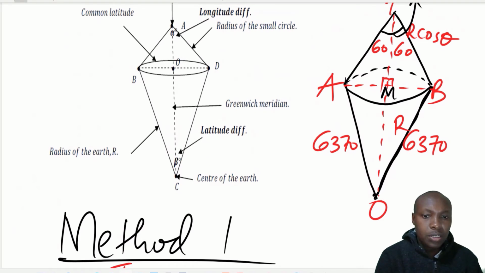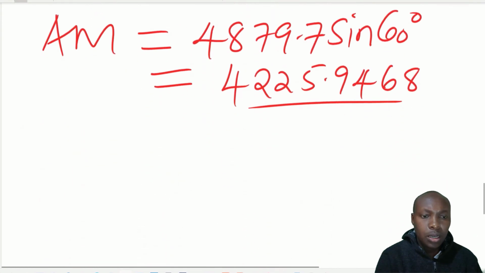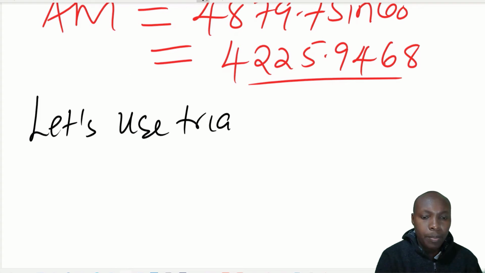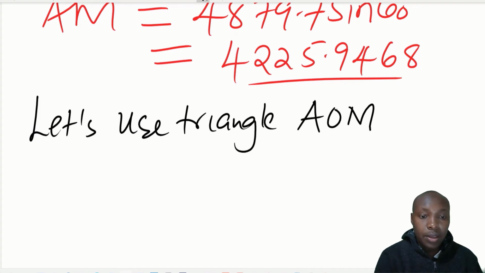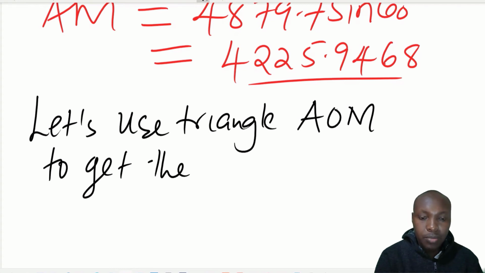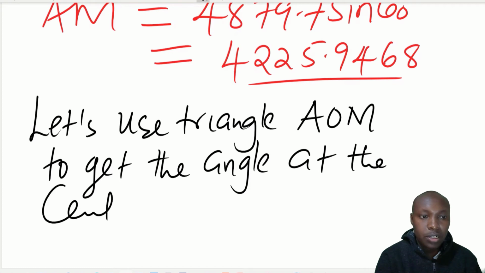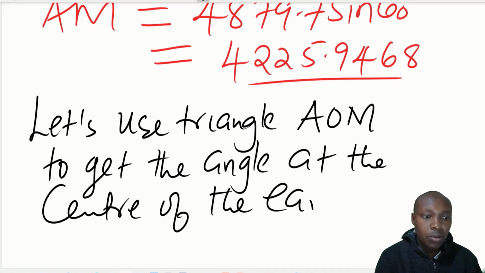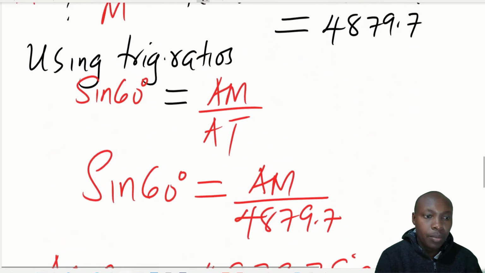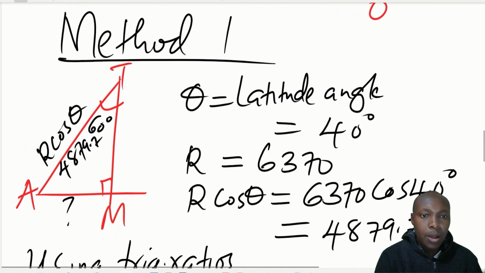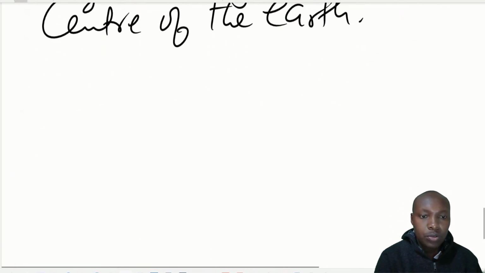Let's now use triangle AOM to get the angle at the center of the earth, because that is what we need in order to help us calculate the distance along the great circle. So look at triangle AOM, which is that triangle. When you extract it, this is what we shall get.